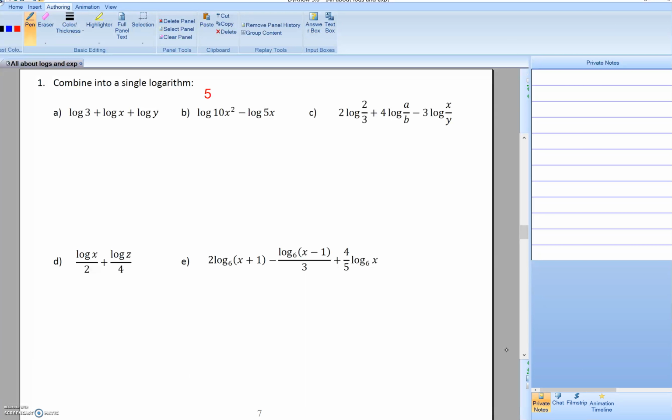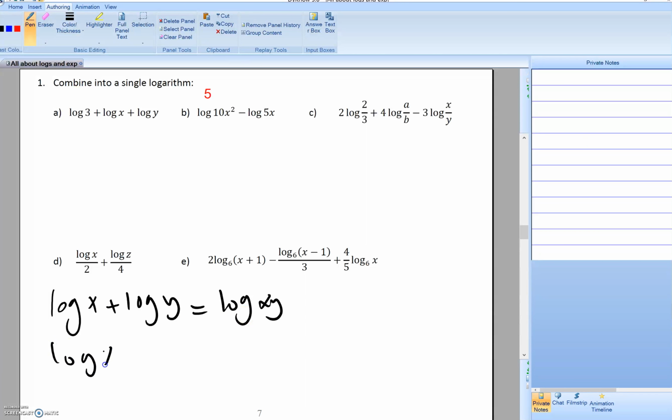So number 5, the category is I want to see just a single log. So I will use all log rules. So I have log x plus log y, so I change it to log xy. I have log x minus log y, I change it to log x divided by y.